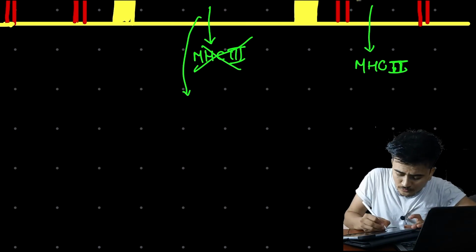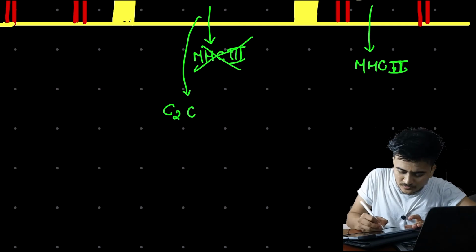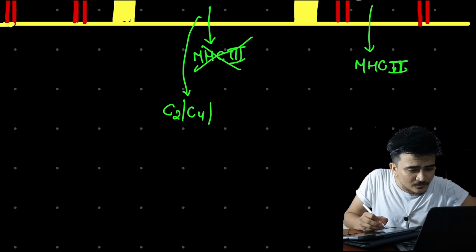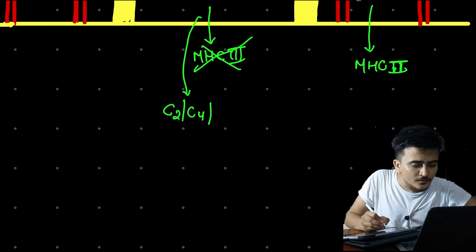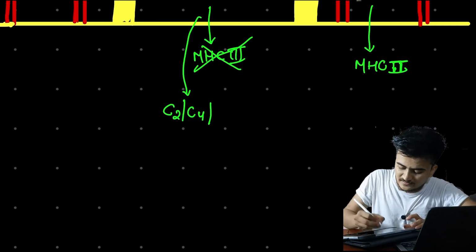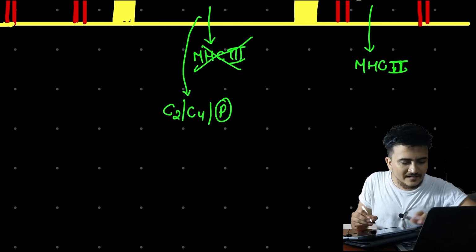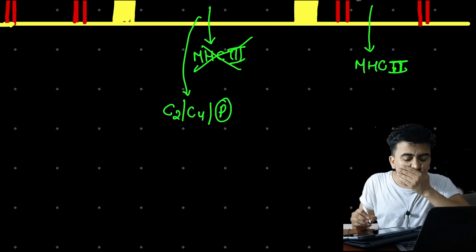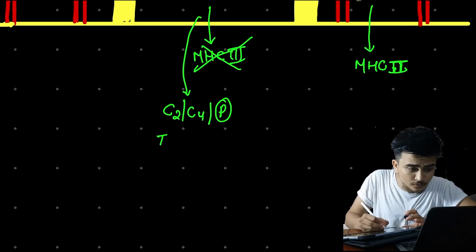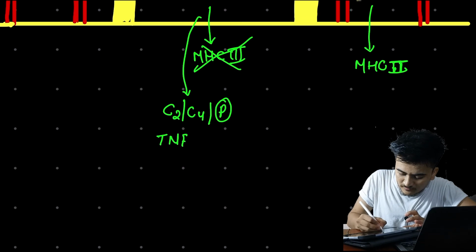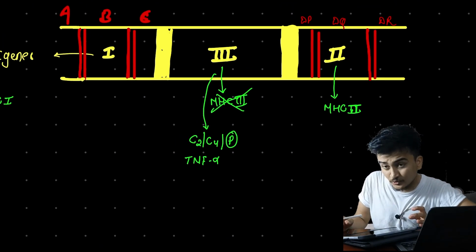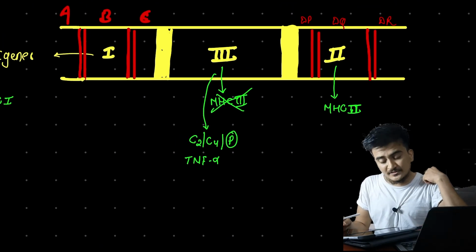It codes for C2, C4, or also we can say properdin. Another thing it does is it also codes for tumor necrosis factor alpha. That is the importance of group 3 genes.